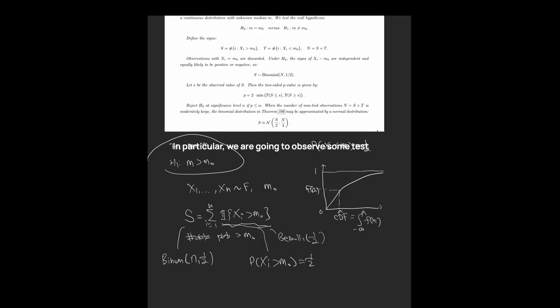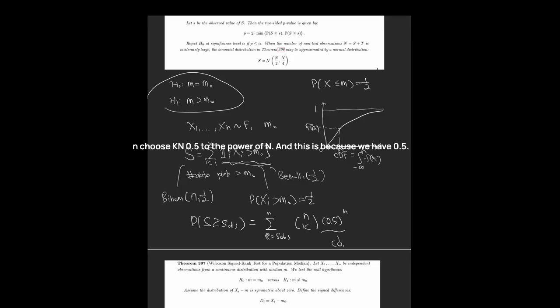In particular, we are going to observe some test statistic s observed, and the probability that the test statistic is greater than or equal to this observed value under the null distribution is going to be given by the sum from k equals s observed to n of n choose k times 0.5 to the power of n. This is because we have 0.5 to the k and 1 minus 0.5 to the power of n minus k.